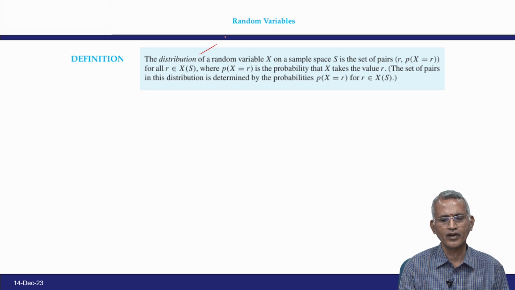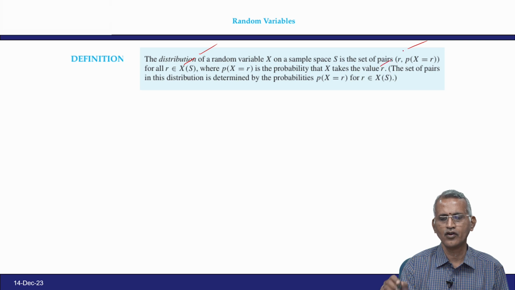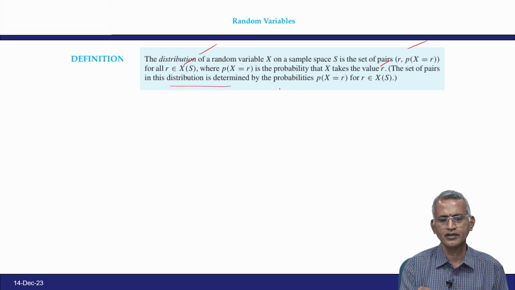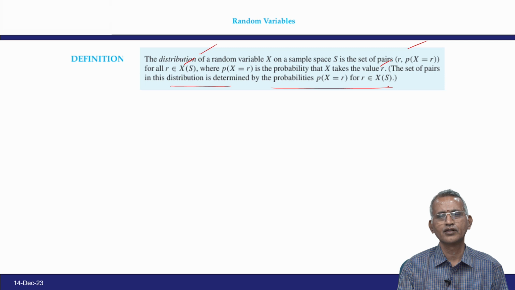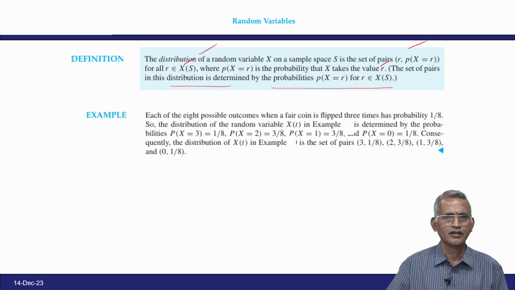The distribution of a random variable X on a sample space S is a set of pairs (r, p(X = r)) for all r in X(S), where p(X = r) is the probability that X takes the value r. The set of pairs in the distribution is determined by the probability of X = r for r belonging to X(S).